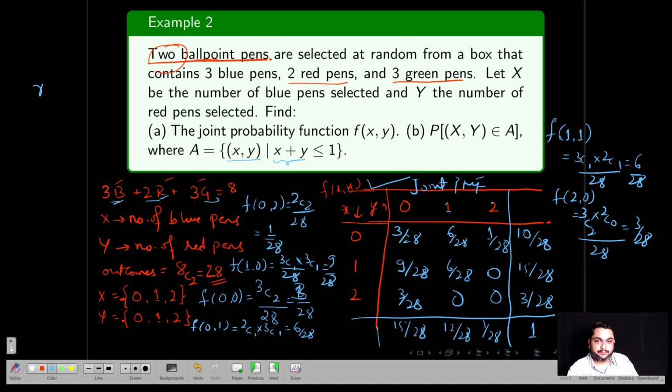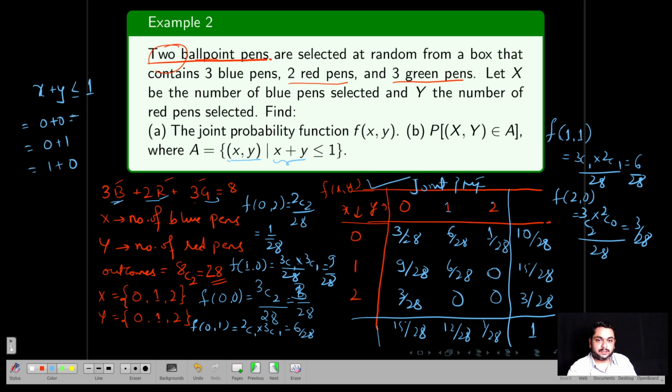So 0 plus 0, x can be 0, 0, or it can be 0 plus 1, or it can be 1 plus 0. So there is no other combination possible.